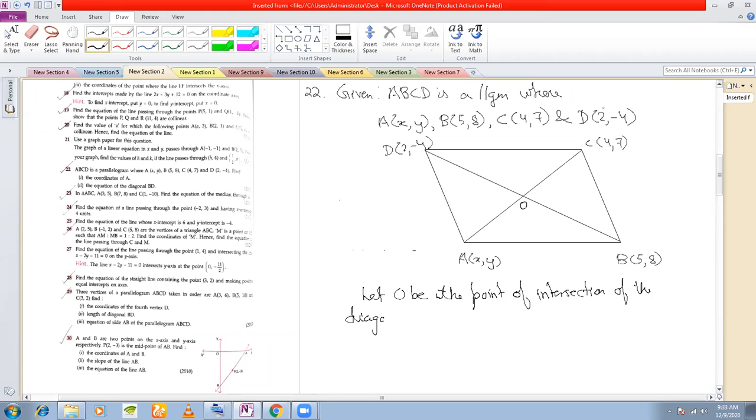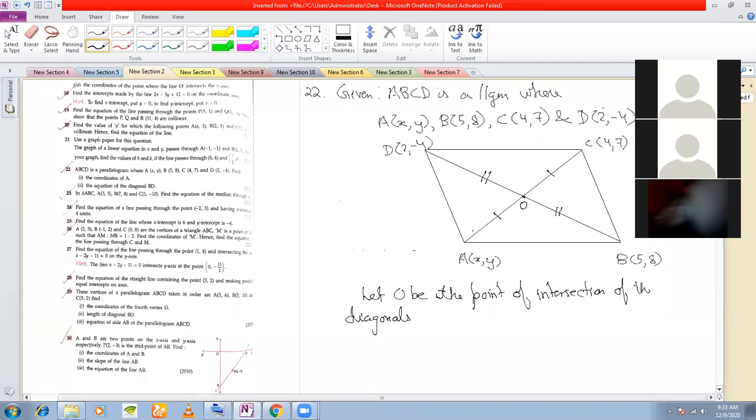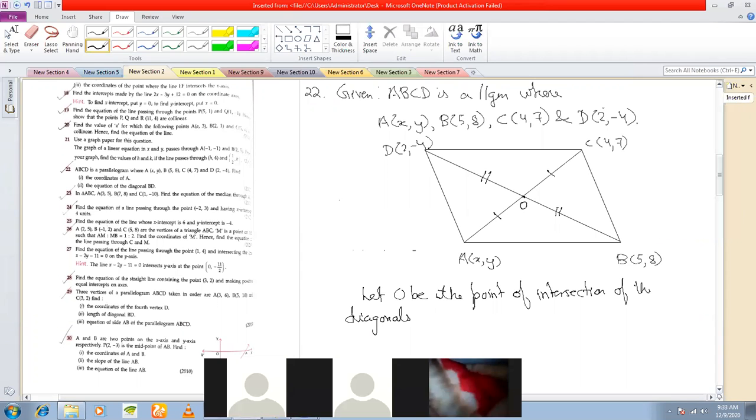Now we shall use a property of parallelogram here, that the diagonals bisect each other. If the diagonals bisect each other, that means these two will be equal and these two will be equal. That means O here is the midpoint of BD as well as AC.